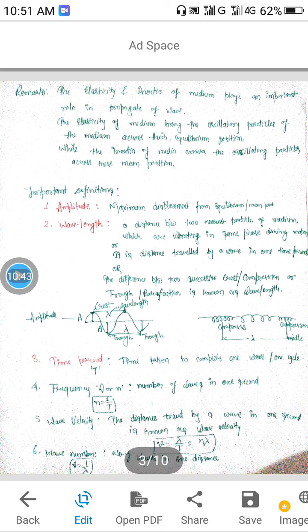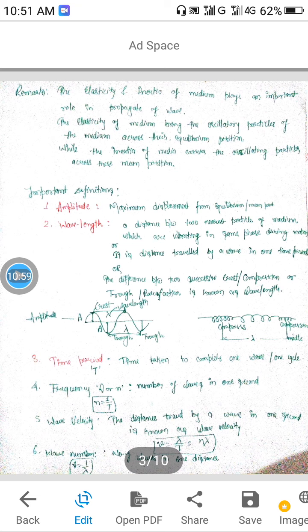Okay, the wavelength. What is the wavelength? You can define it in many ways. Don't remember only these words of the definition. Let's see.